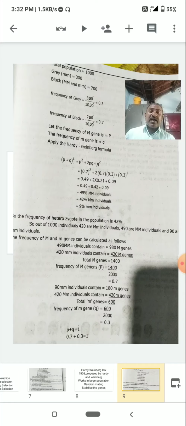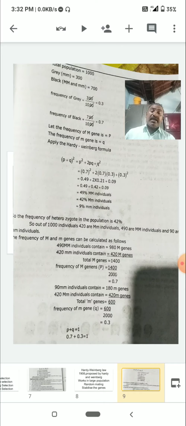In the 420 heterozygotes, 420 small m genes are there. 420 plus 180 is equal to 600. So, the total small m genes are 600. The frequency of small m gene, q, equals 600 by 2000, that is 0.3 here.